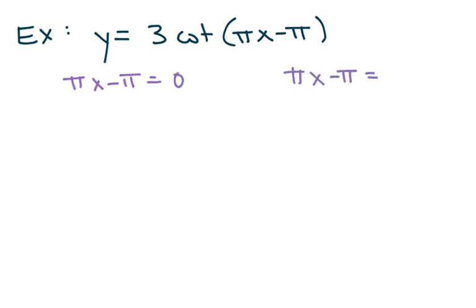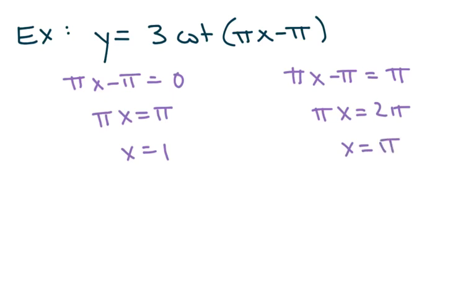The other one's going to equal pi. So the first one, pi x is equal to pi, so x is equal to 1. The second one, pi x is equal to 2 pi, so x is equal to 2 pi. But one of the numbers is in terms of pi and the other one's not. So we're going to just make them decimals. So we'll make that 3.14.